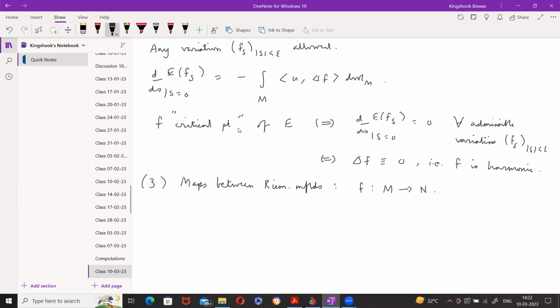We want to define an energy functional for maps between Riemannian manifolds.